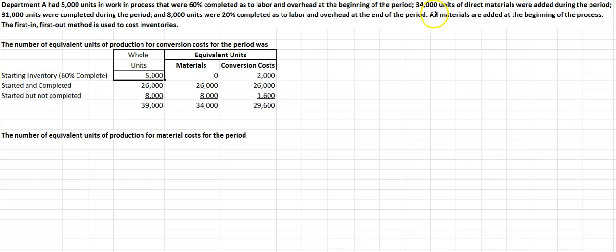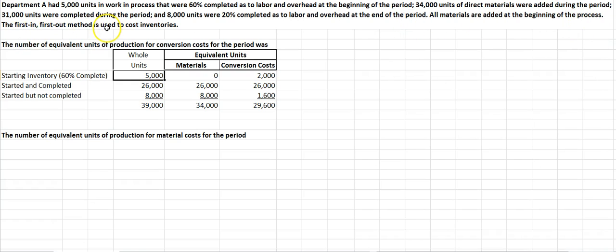Okay, 34,000 units of direct materials were added during the period. 31,000 units were completed during the period, and 8,000 units were 20% completed as to labor and overhead at the end of the period. It says that all materials are added at the beginning of the process, okay? That means that the 5,000 units is 100% complete as far as materials goes.